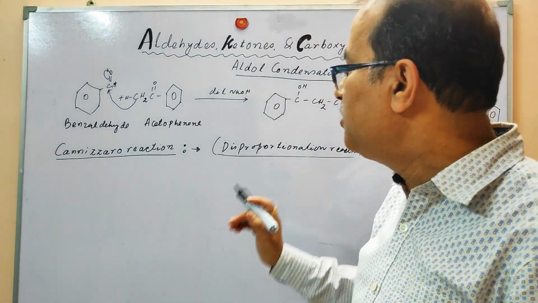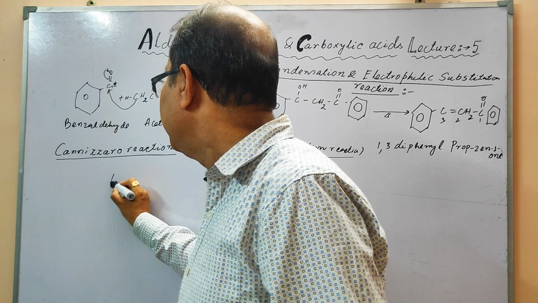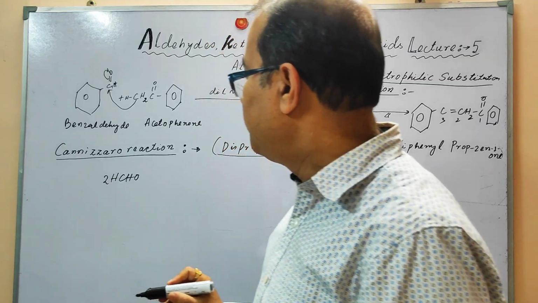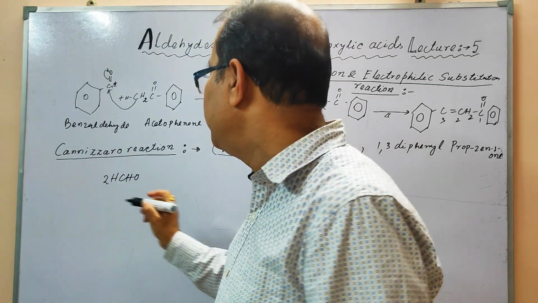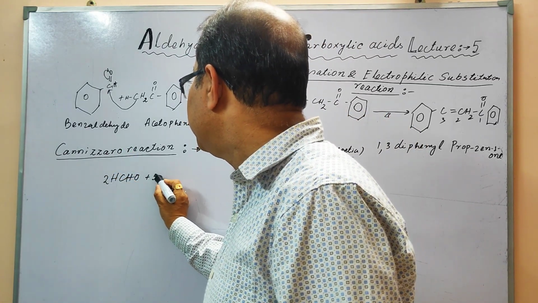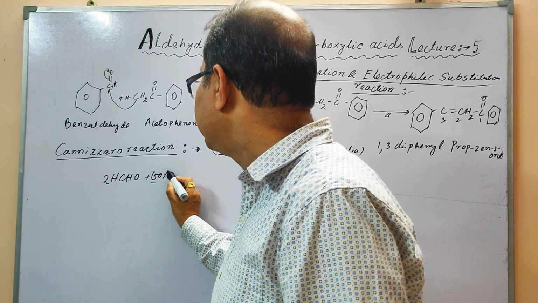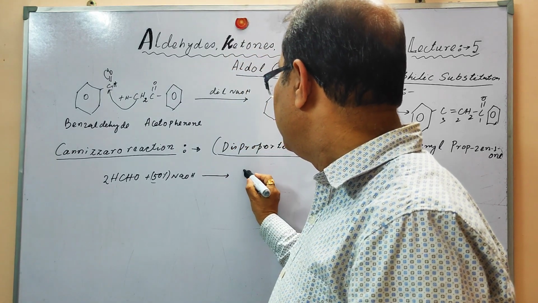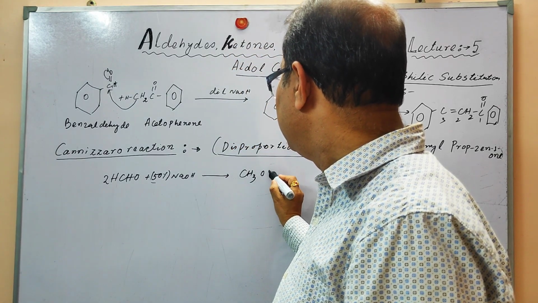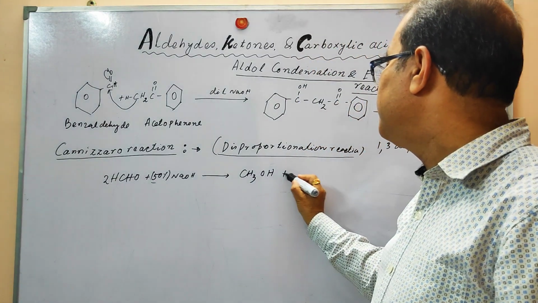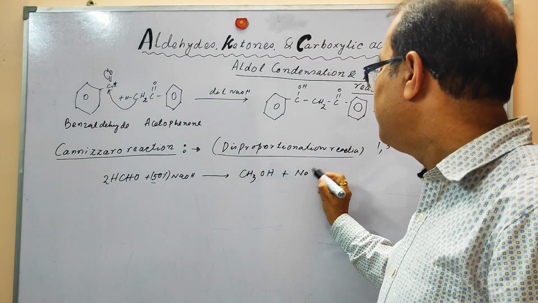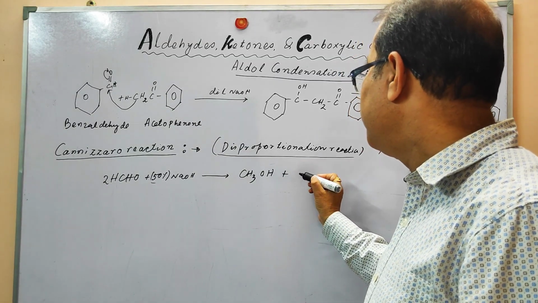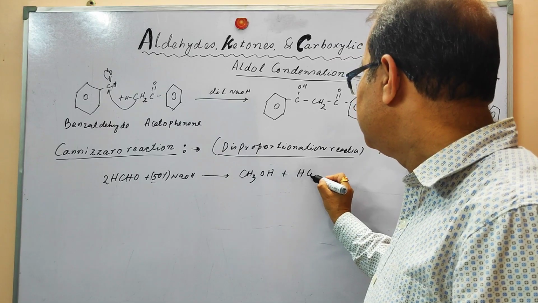In the same fashion, two molecules of formaldehyde will take part, because here there is no alpha hydrogen. In the presence of concentrated NaOH, suppose 50% NaOH is given, it is going to produce methyl alcohol, and it is going to produce the sodium salt of formic acid, sodium formate.